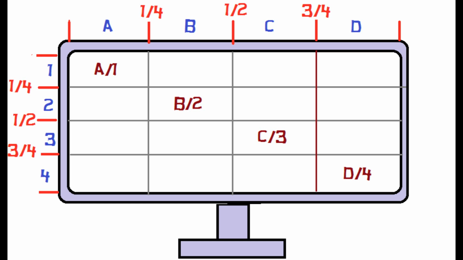You basically take your screen and put a dot or a marker at halfway, and then halve the halves, and then you can label it A, B, C, D across the top, and 1, 2, 3, 4 on the bottom or on the side.